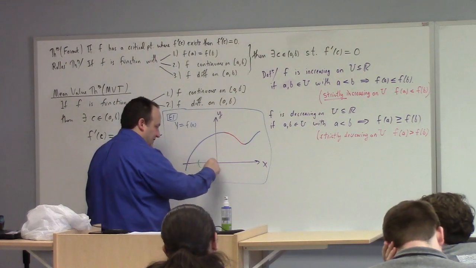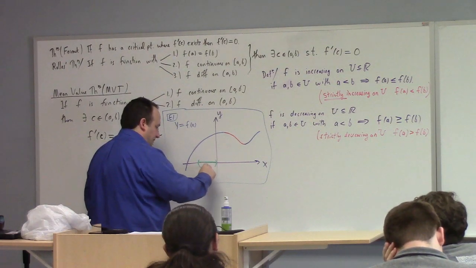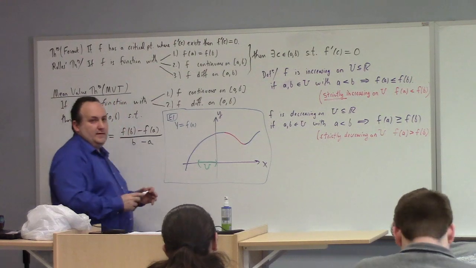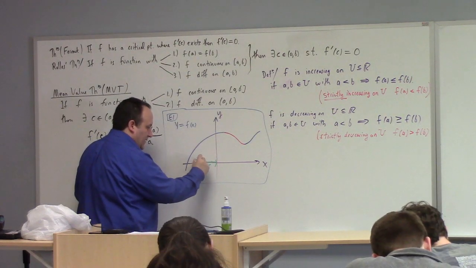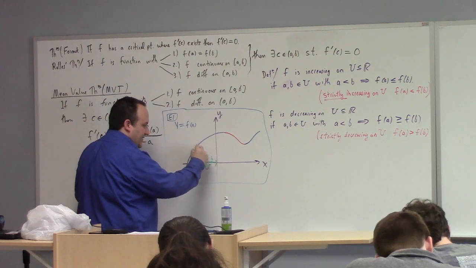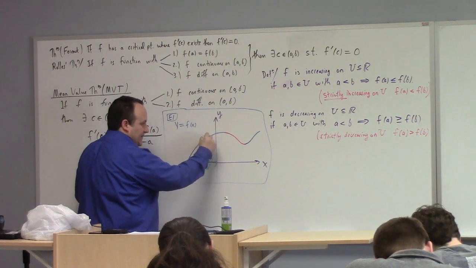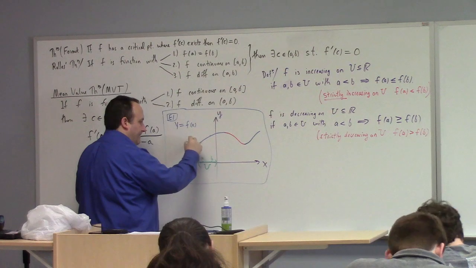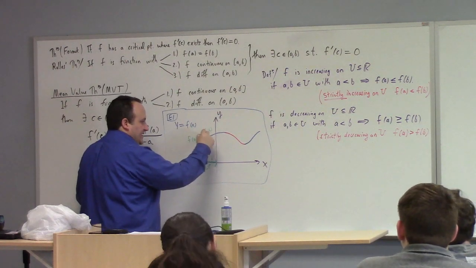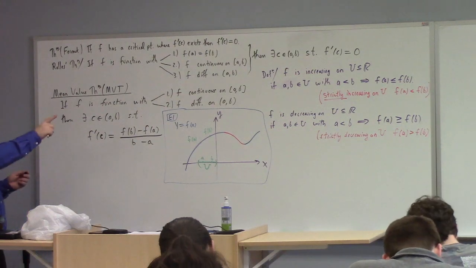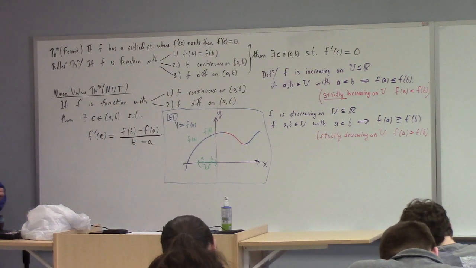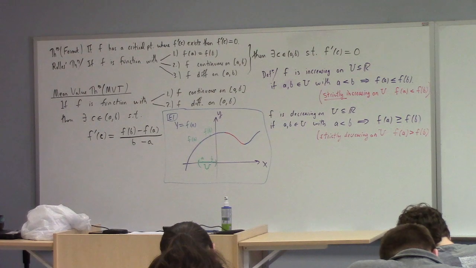So if it was like this, if this was a picture of my subset U, and you look at any two points A and B in here, if this is A and this is B, then f of A is like here, f of B is like there, and as you can see, f of A is less than f of B, because the function's increasing in the blue, and it's decreasing in that red spot.